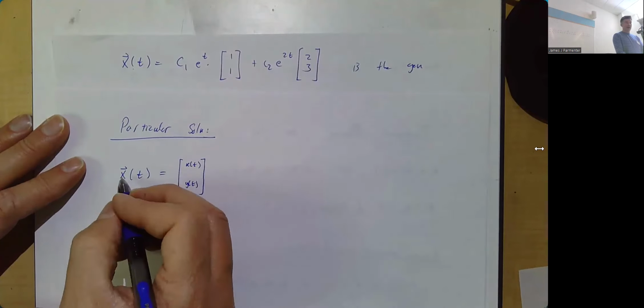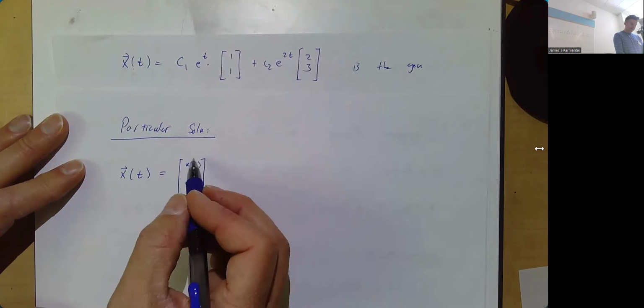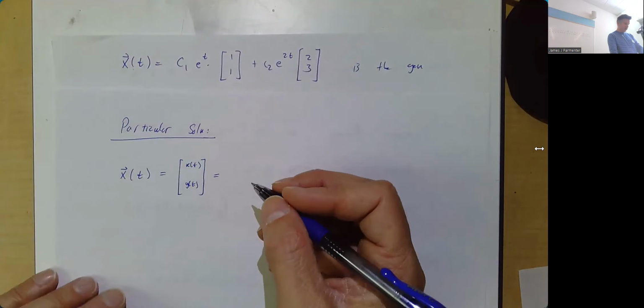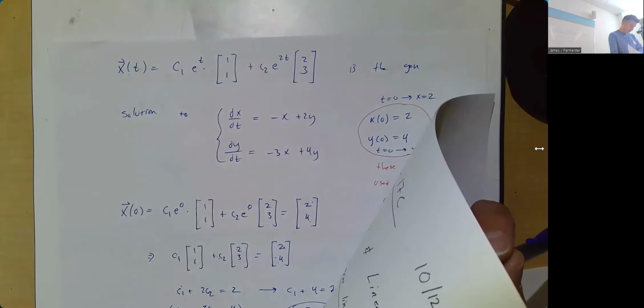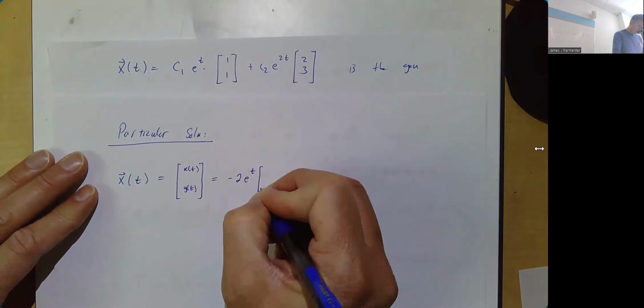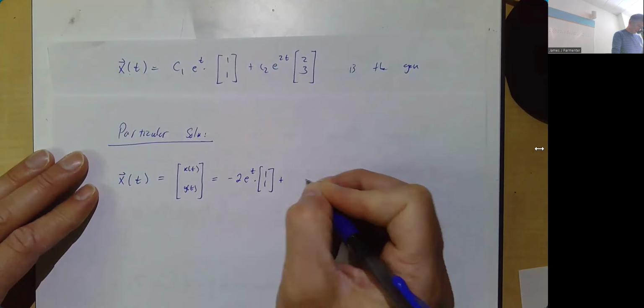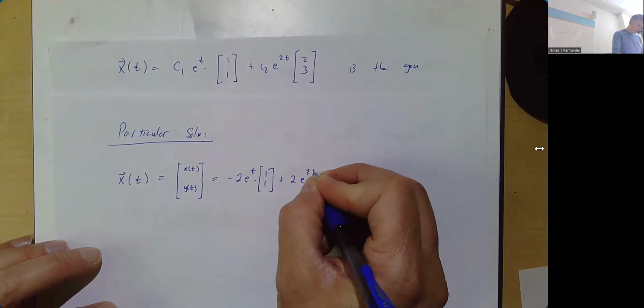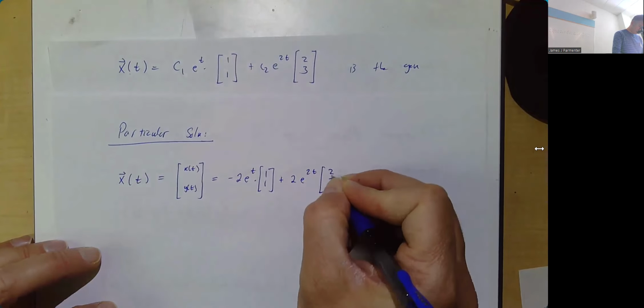This x of t has an arrow above it, meaning it's a vector. This x of t does not, meaning it's an entry. That's going to be C1, which was -2 times e to the t times the vector 1, 1, plus C2, which was, I believe, 2. Yes, it was. Times e to the 2t times 2, 3.